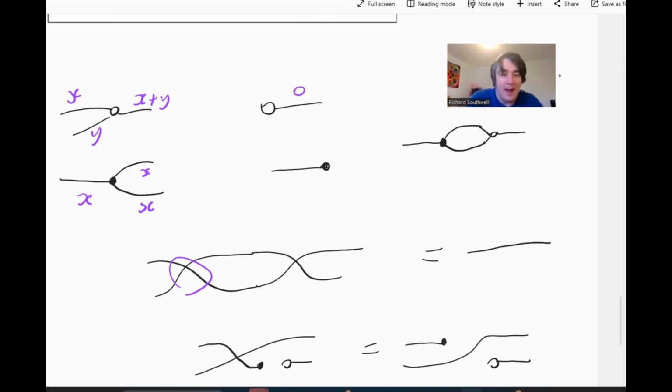For example, here we pass this wire over like that and over like that. We're not really worried about which wire goes over which one. We're not tying up knots here. We can just pass these wires through each other and pull them back out, and we don't worry about things getting tangled up. If you like, we could pretend we're in 4D or something, so we don't have to worry about things getting knotted up.